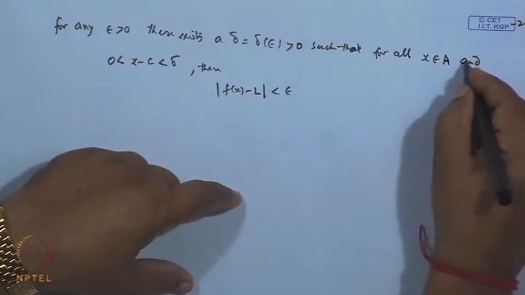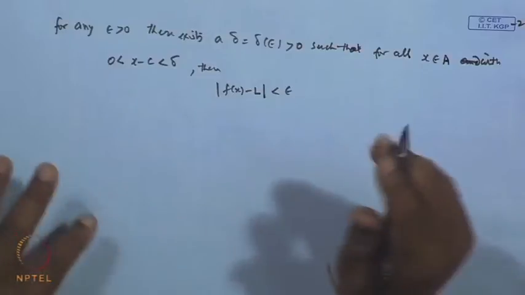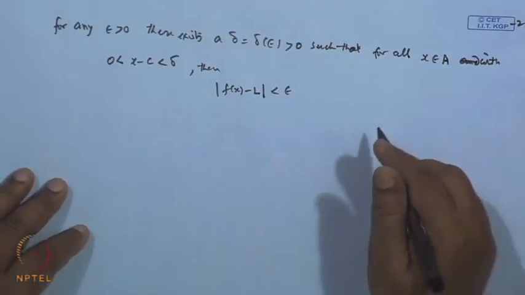So, for all x with 0 less than x minus c less than delta, this is called the right hand limit.